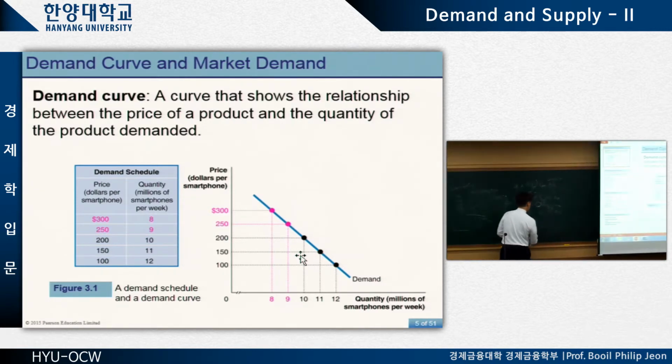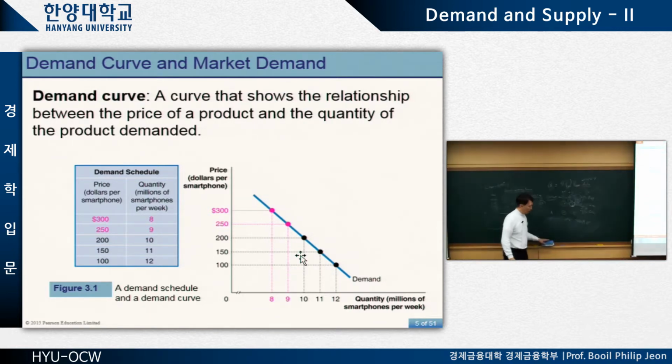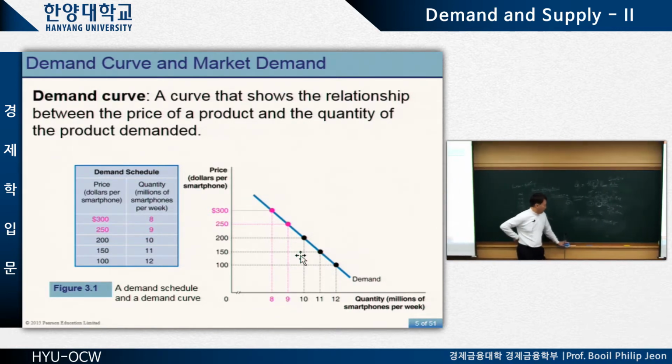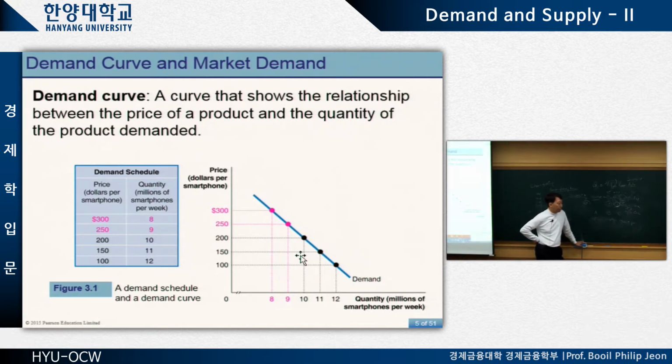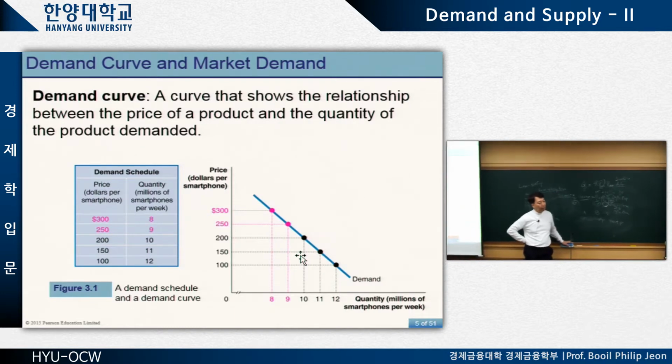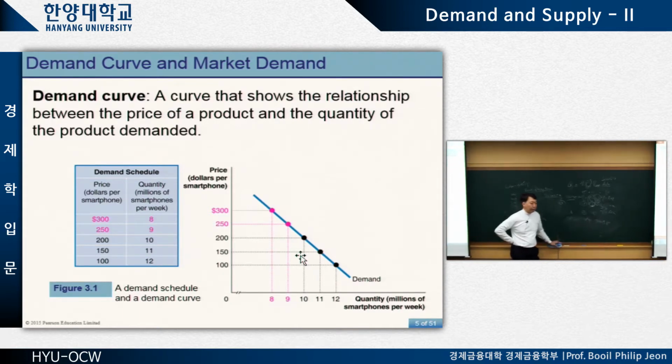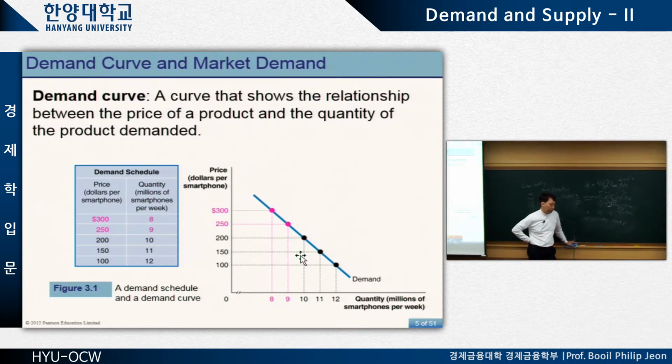Say you've been saving some money to purchase a laptop computer, and then suddenly this month they have a sale on smartphones. They have lowered the price of smartphones significantly.